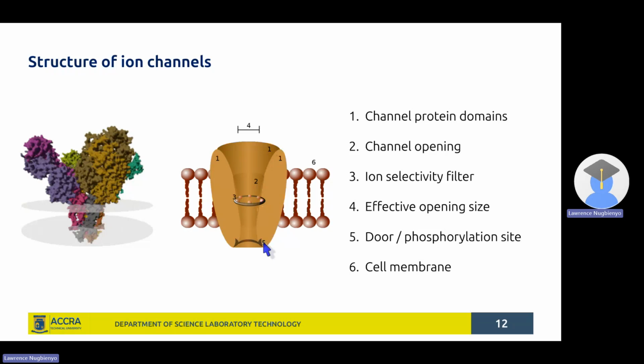These N terminus and C terminus can act as specific sites that interact with energy molecules like ATP, and the phosphorylation of the protein on those sites activates the ion channel. So you can have the ion channel opening or closing depending on that process of phosphorylation, to allow or not allow substances to pass through these ion channels.